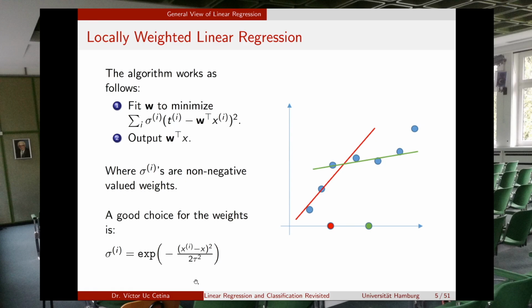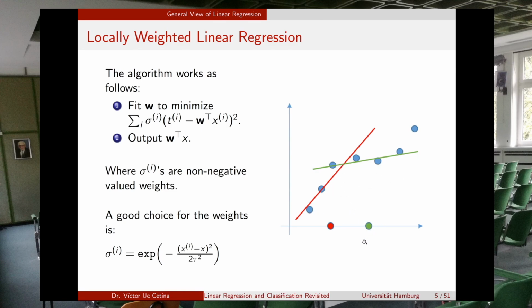So this is locally weighted linear regression. The only problem with this method is that you always need to keep the points in your data set, because every time you need to evaluate a point, you need to compute the distance or this sigma value for this point with respect to each other point in your data set.